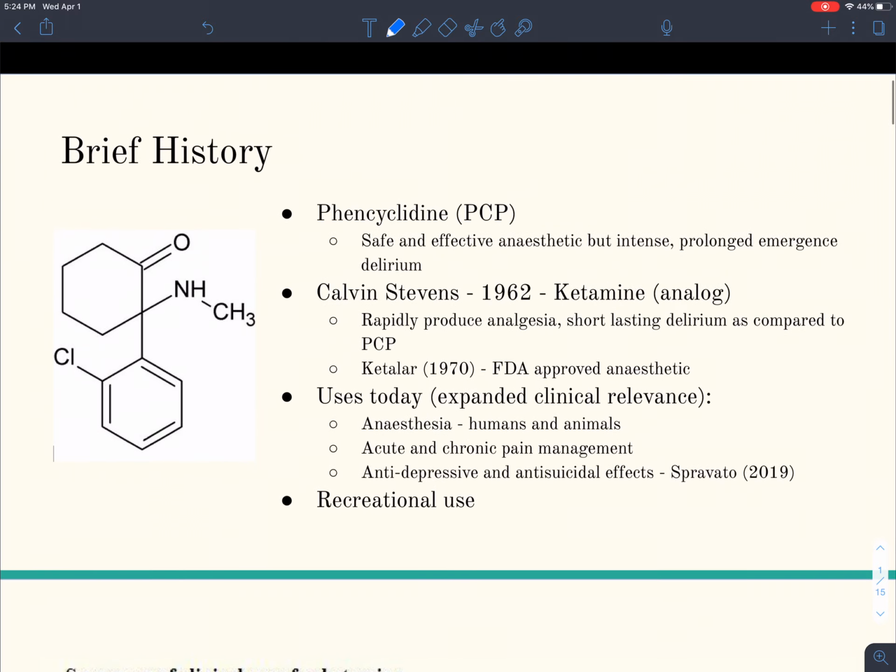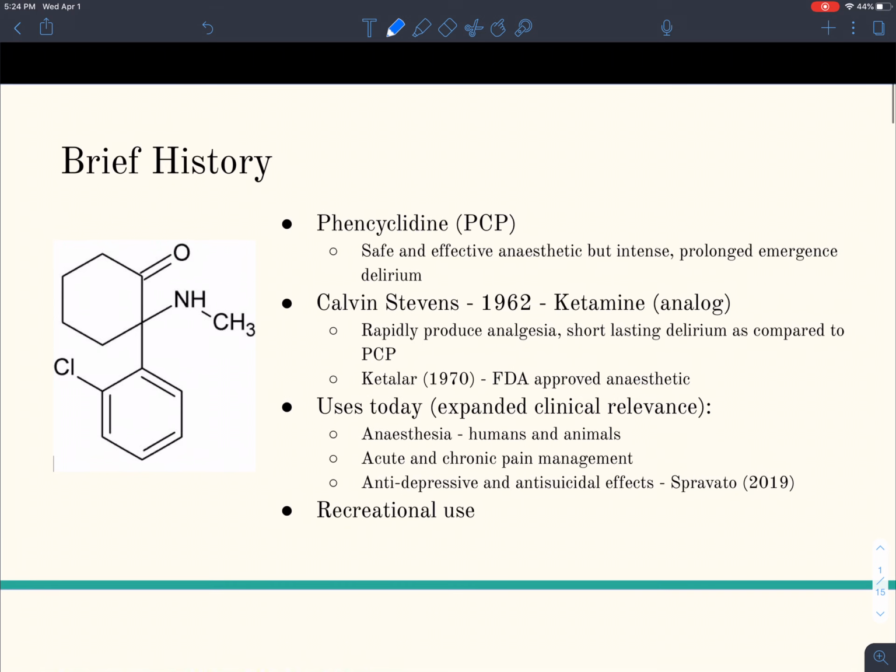So for a little background, ketamine's history really starts with phencyclidine, which is also known as PCP. PCP was synthesized in 1956 by Parke-Davis Company, and they noticed that it had great anesthetic properties, but also created a really intense prolonged emergence delirium, which is delirium associated with when you're coming out of sedation.